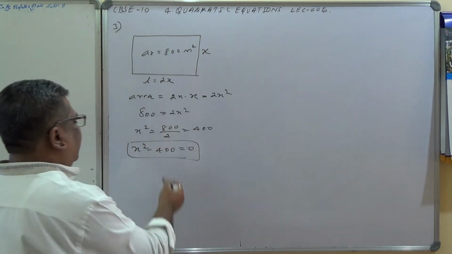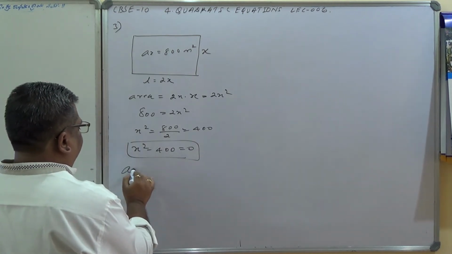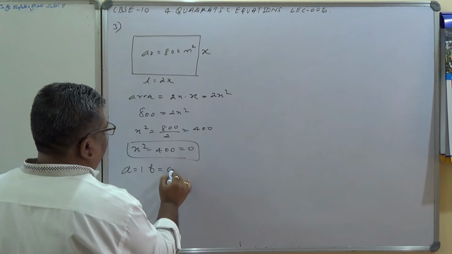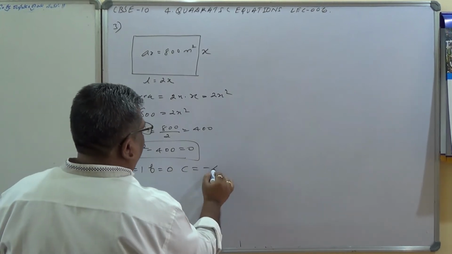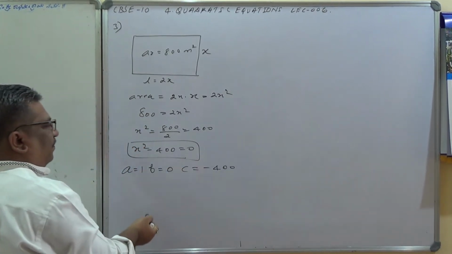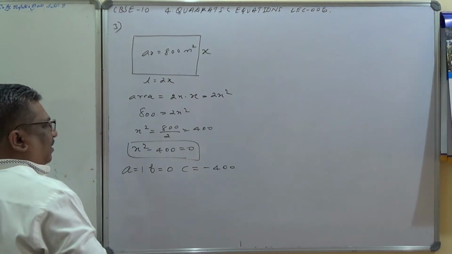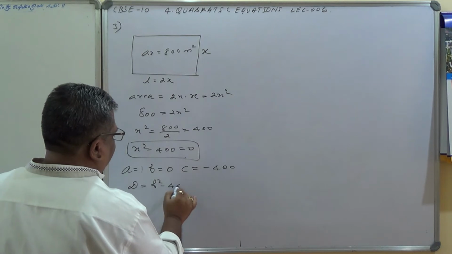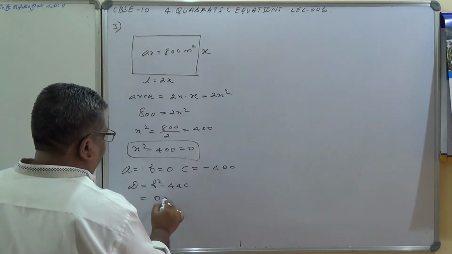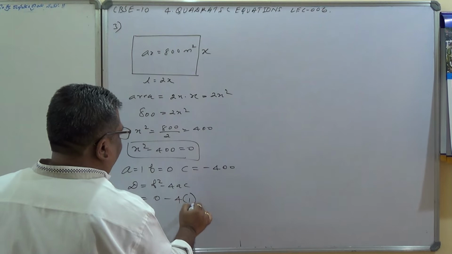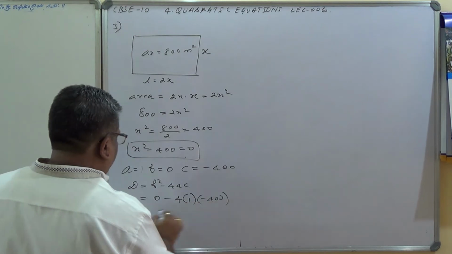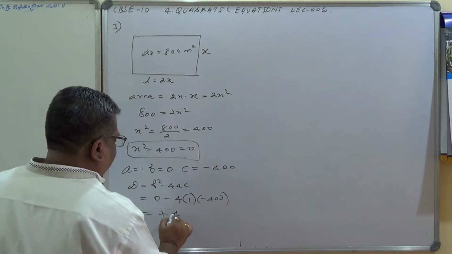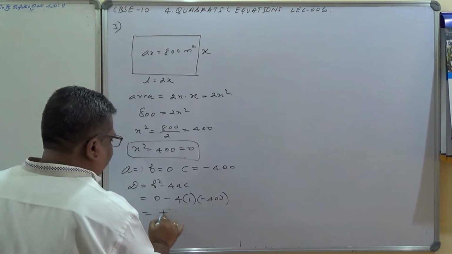Now a equals 1, b equals 0, c equals minus 400. I am comparing this with the standard equation, and therefore discriminant D equals b square minus 4ac, which is 0 minus 4 times 1 times minus 400, which is equal to plus 1600.